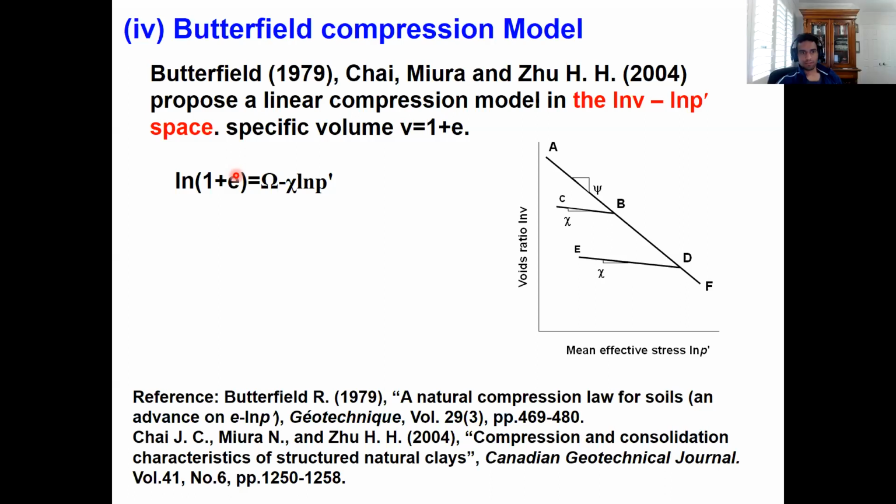Okay. Yeah, I do have a question about this one. Why is there omega in the equation, but then there's the, is it psi, on the graph? Yeah, because when you go to the Butterfield model, it's log 1 plus e. These two parameters are different parameters.